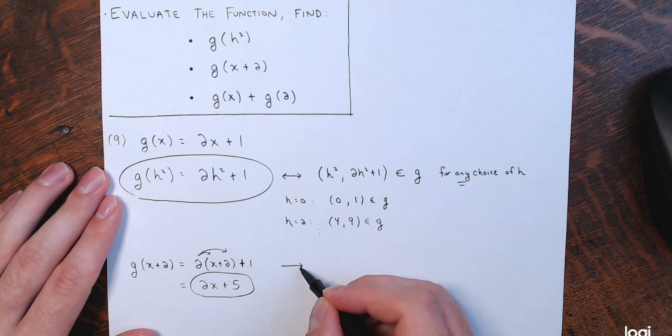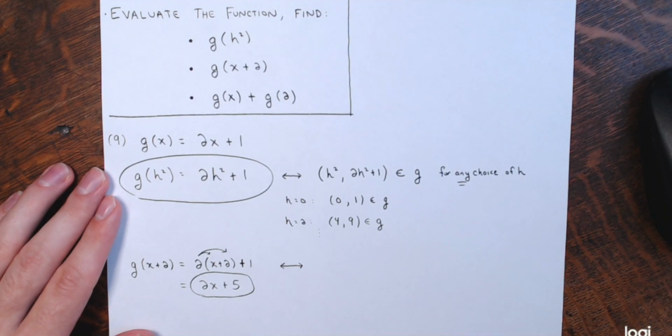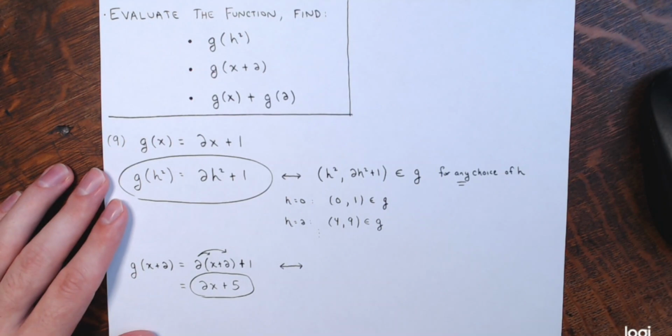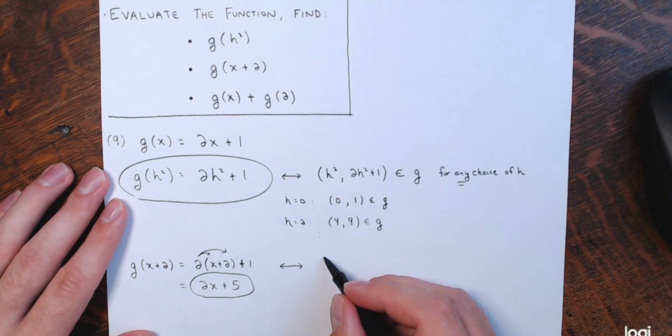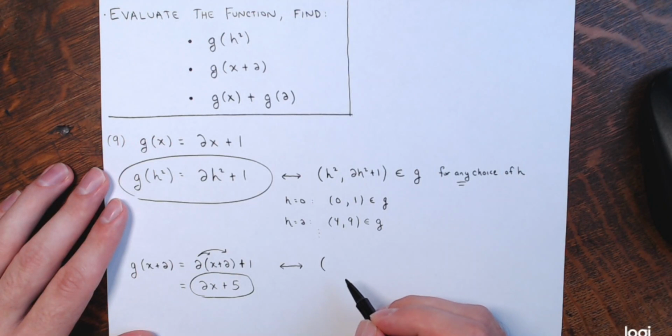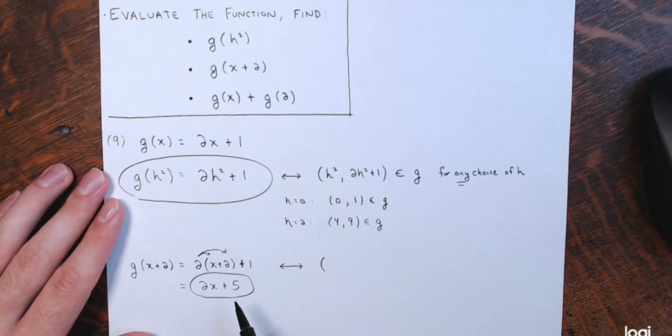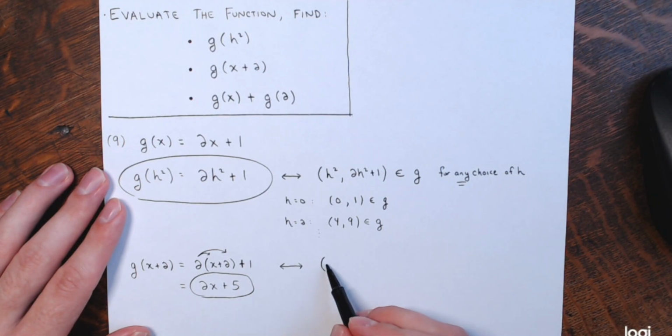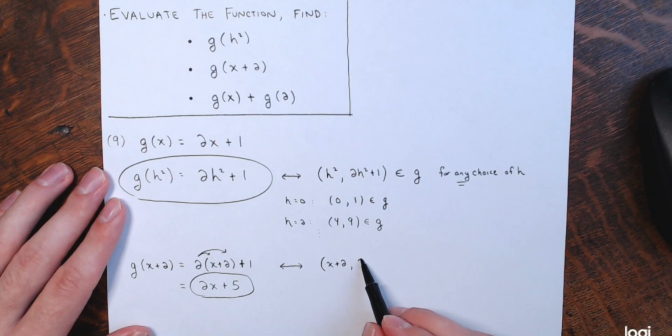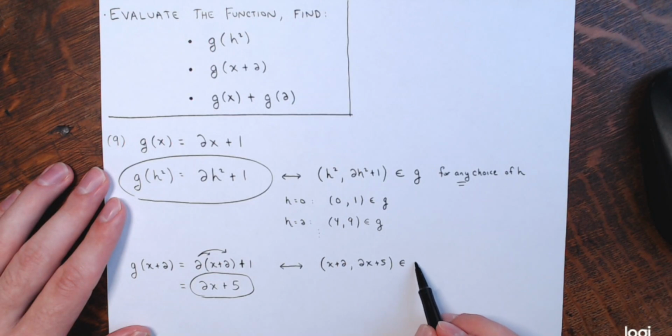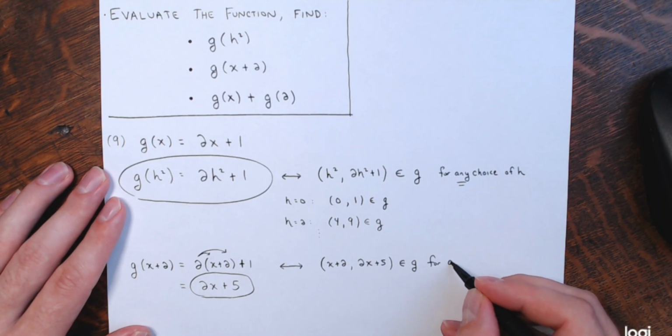Once again, what this means in relation to function little g is that any ordered pair of the following form will belong to g, where the input is x plus 2 and the output is 2x plus 5. This will belong to g for any choice of x.